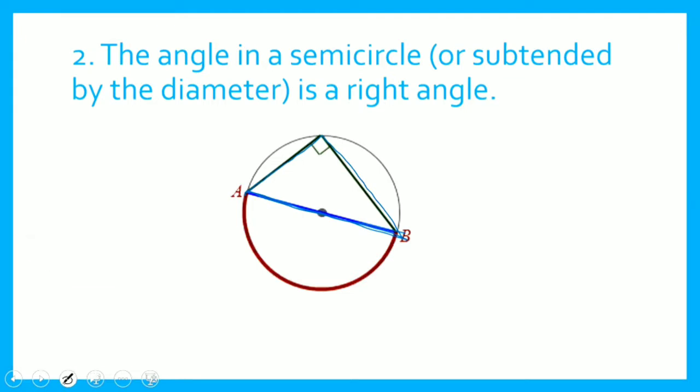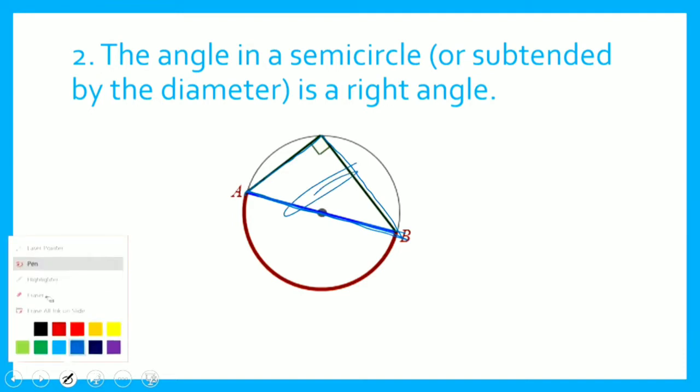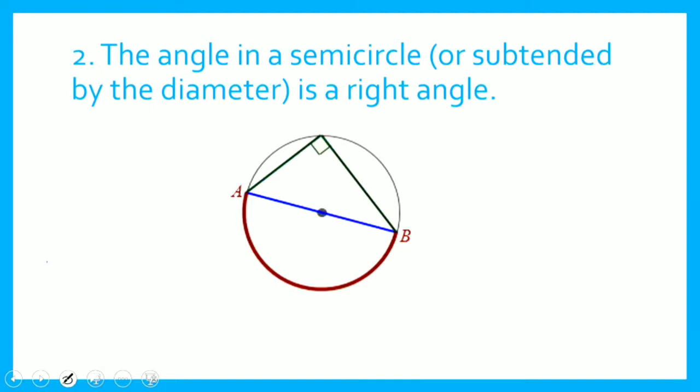The angle that's formed on that arc forms a right angle. Once it is formed on the diameter subtended, and it touches the circumference here, that angle formed at the circumference is going to be 90 degrees. We all know that a right angle is 90 degrees.